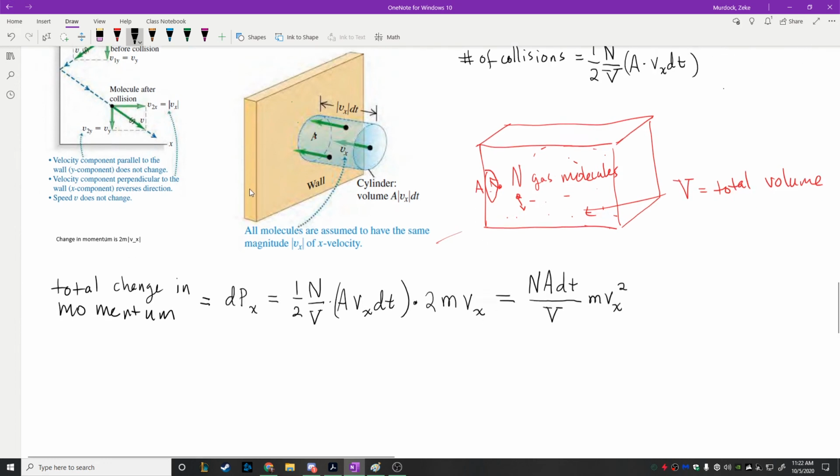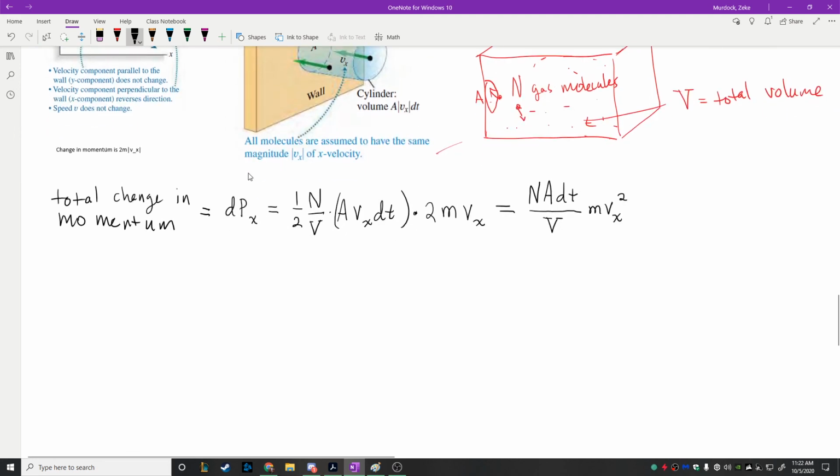So the next thing we'll do is divide the dt to the left-hand side over here, and we'll get that the change in momentum per unit time is equal to N times A divided by V times m times vx squared. And then we say, well, what is this thing right here?